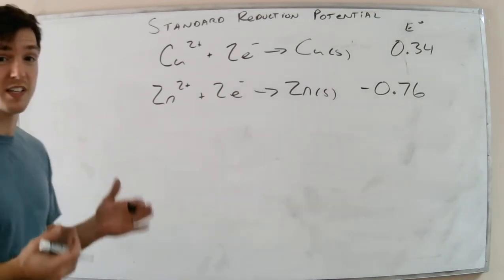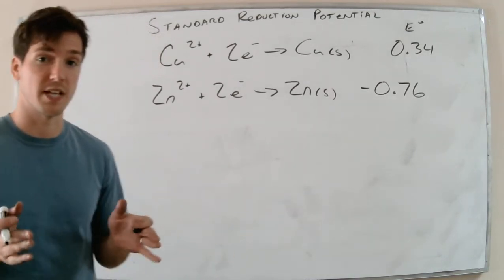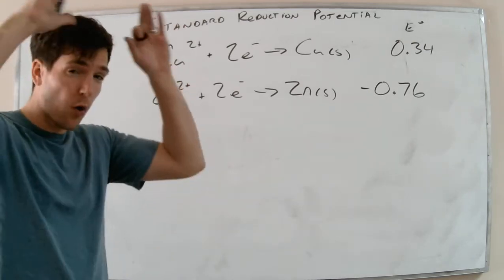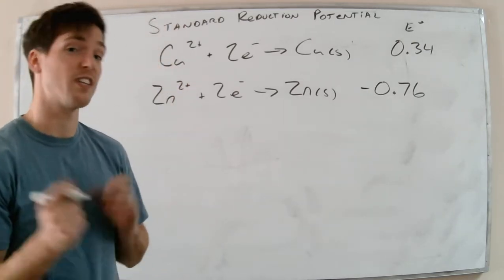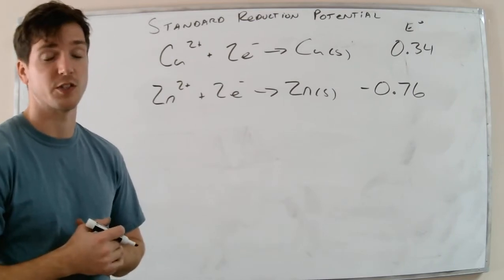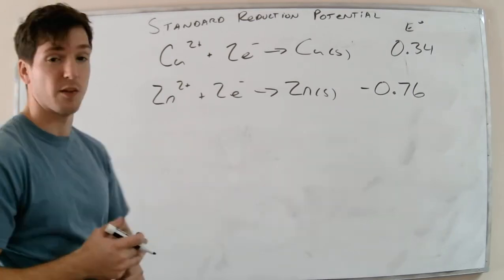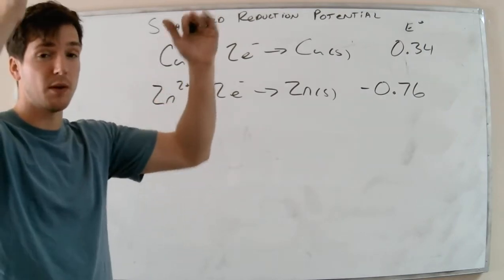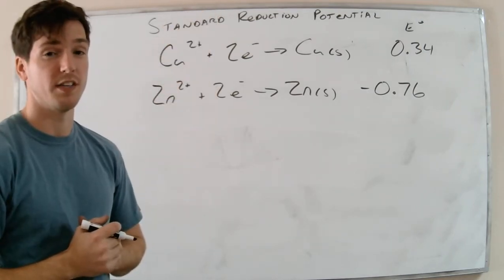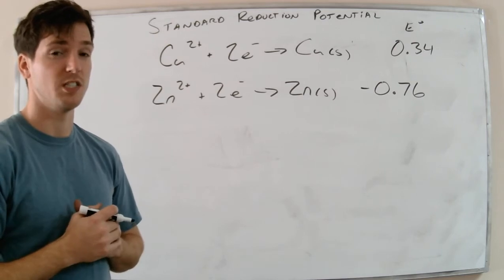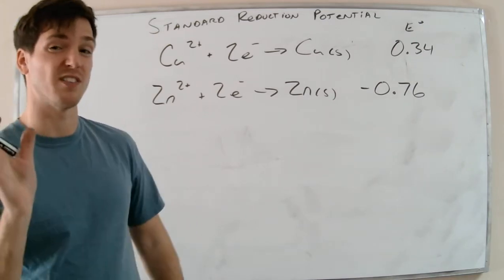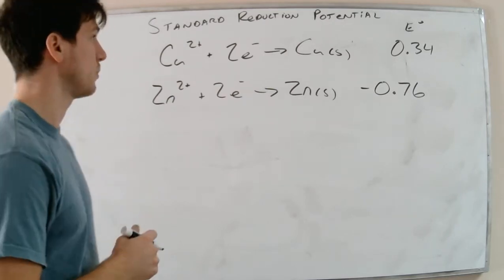So if you look at that standard reduction potential paper that is underneath this video, you will see a whole list of standard reduction potentials that tells you the voltage or the electricity that these elements like to give off. And remember, the higher up you are on the standard reduction potential sheet, the more likely it is going to attract electrons. And as you can see, it gets more positive as we go up.